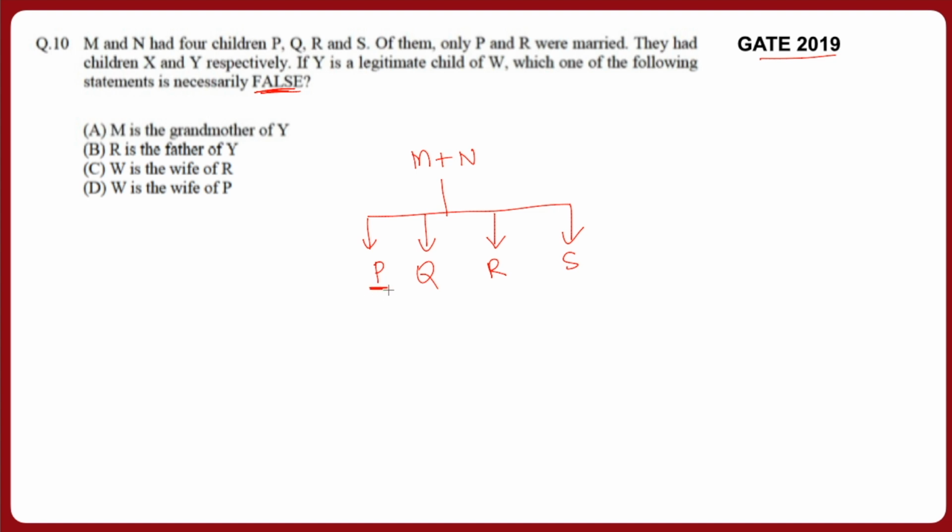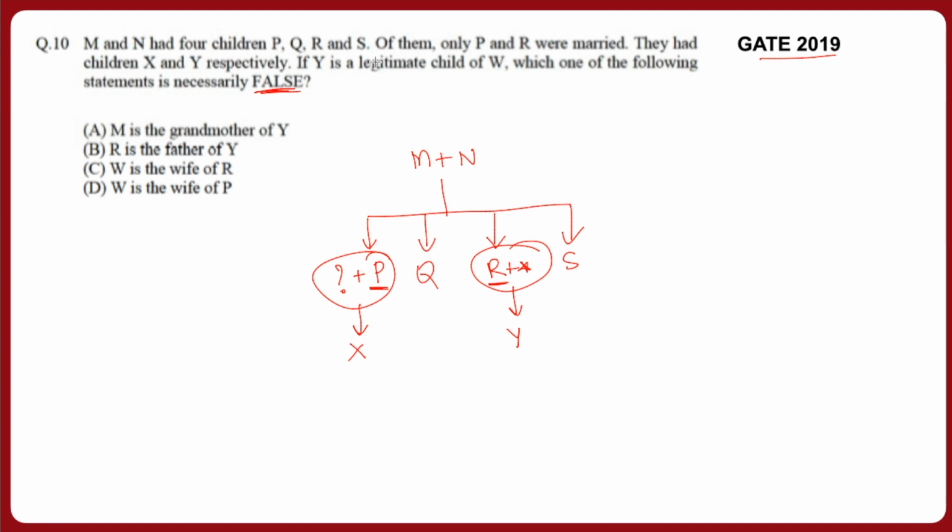So P was married to someone and R was married to someone. It is not said who is with whom they are married, and it says that they had children X and Y respectively. Okay, so somebody got married to P and their child is X, and somebody got married with R and their child is Y, right?